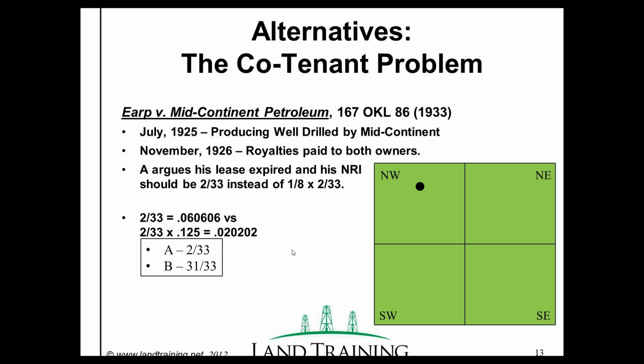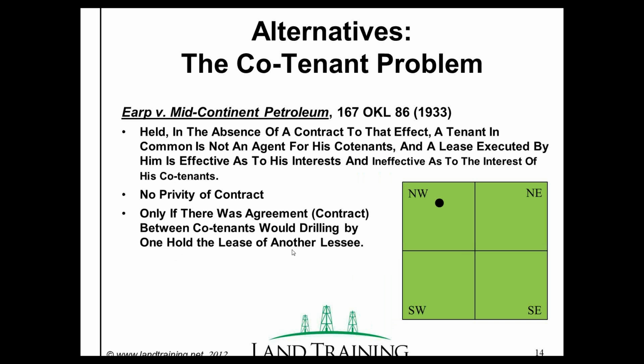Now let's see what the court said. The court agreed with Claude Earp. The court said if there's no contract between Wagner and Mid-Continent, then drilling by Mid-Continent is not going to save the leases of Wagner.